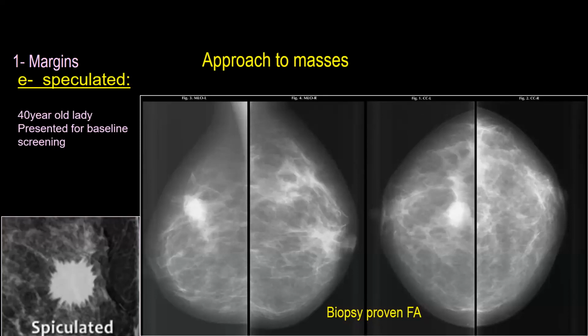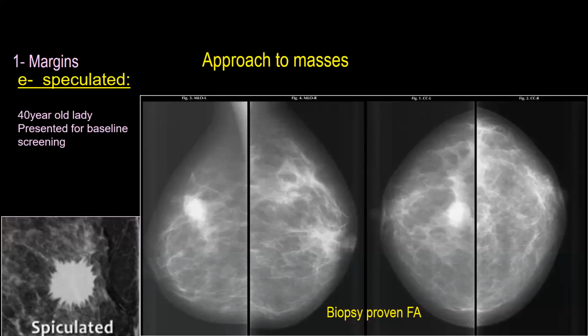In spite of this, since we have seen fibroadenomas with spiculation, at the end we still consider the spiculated mass as at least BIRADS 4C.